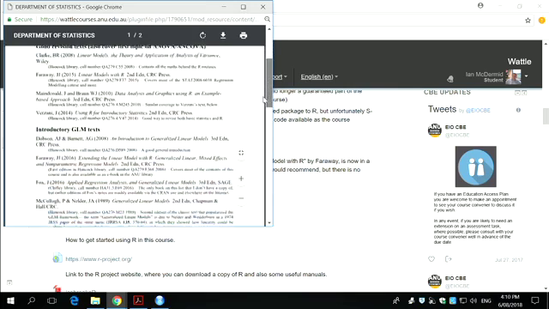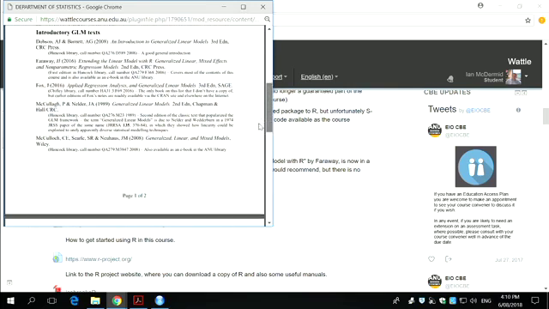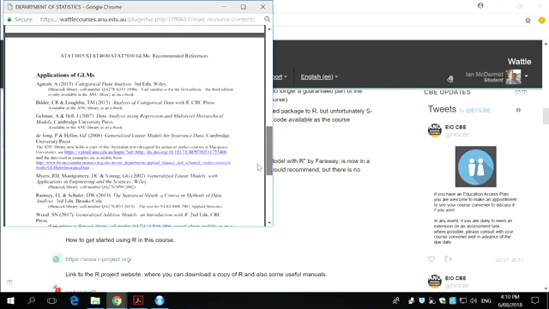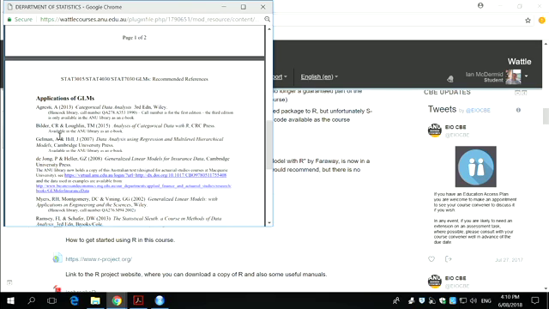So if you really are trying to get yourself a major in this sort of stuff, Andrew Gelman and Hill, I can't remember Hill's first name, but Gelman is the real force behind this. That's the name of the current edition.